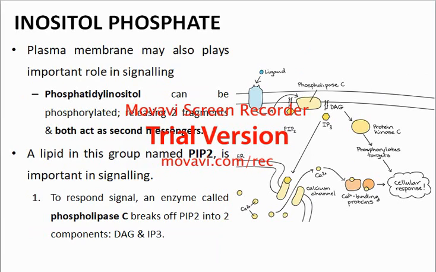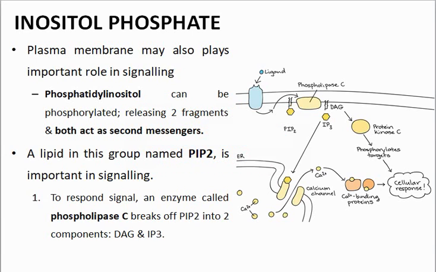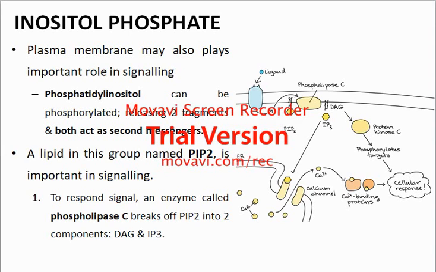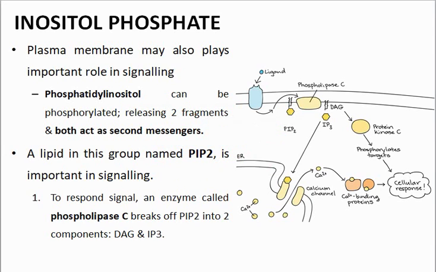Next is inositol phosphate. Although we usually think of plasma membrane phospholipids as structural components of the cell, they can also be important participants in signaling. Phospholipids called phosphatidylinositols can be phosphorylated and snipped in half, releasing two fragments that both act as second messengers.